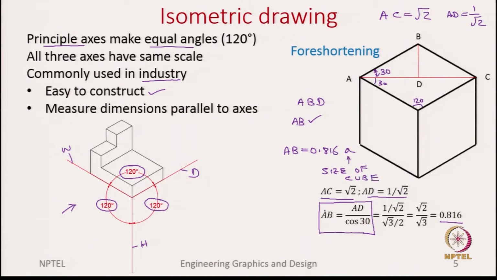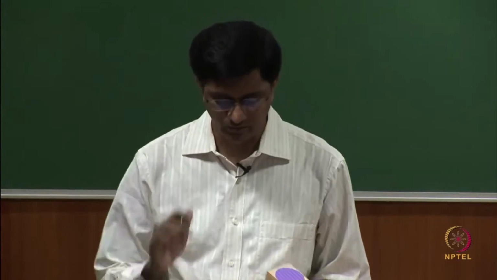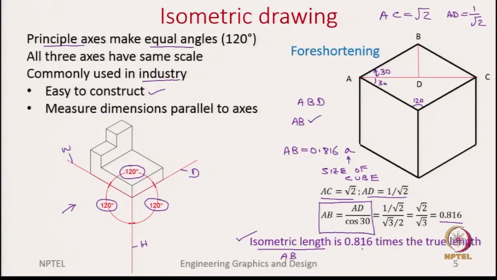So, essentially the statement we are trying to make is this: the isometric length, AB, because AB represents the side of the cube, that is what you see on paper when we draw the isometric view, is 0.816 times the true length. So, what is the true length? The true length is the actual side of the cube, which let us say is A.